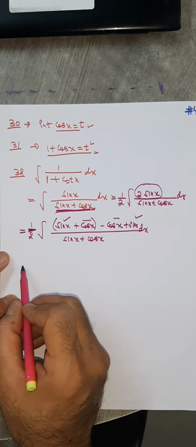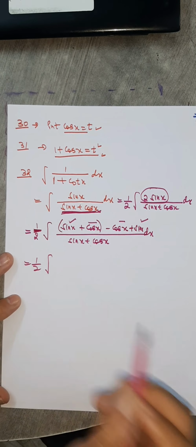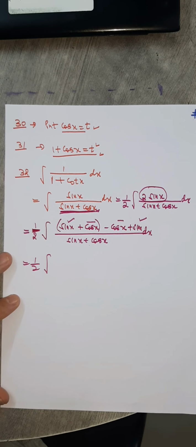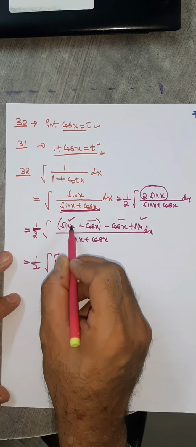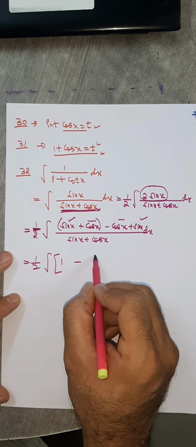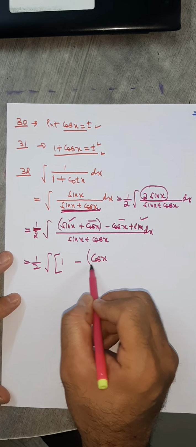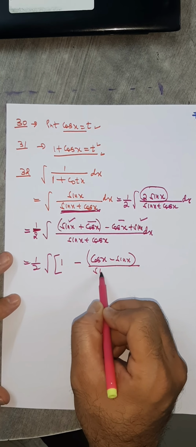Now you do individual division. This is a standard integral. When I do individual division, this upon this is just 1, this upon this 1, minus, I'll take common. So you have cos x minus sine x upon sine x plus cos x.